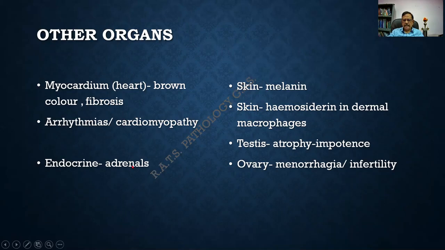Endocrine, adrenals are commonly affected. In the skin, apart from iron, there can be an increase in melanin pigmentation also. Hemosiderin pigmentation is seen in the dermal macrophages. Testis and ovary can undergo atrophy, and this can lead to impotence or infertility.